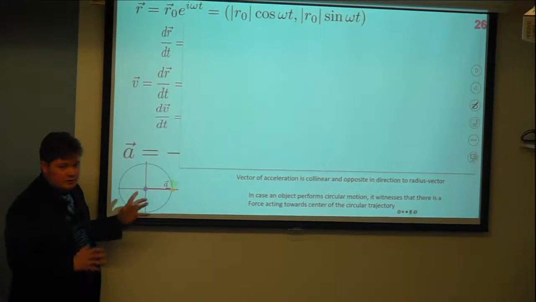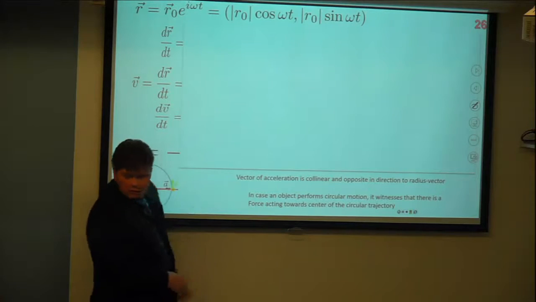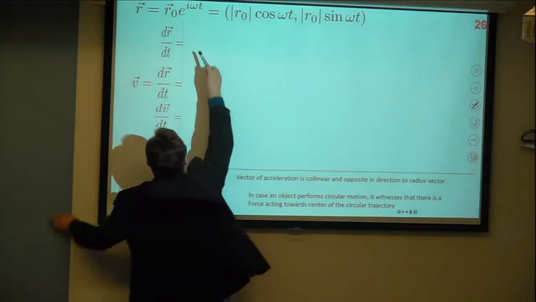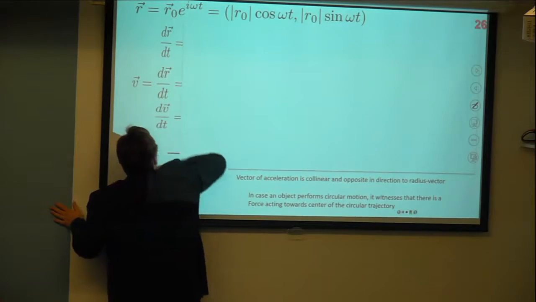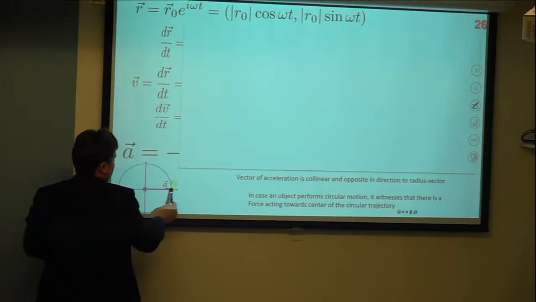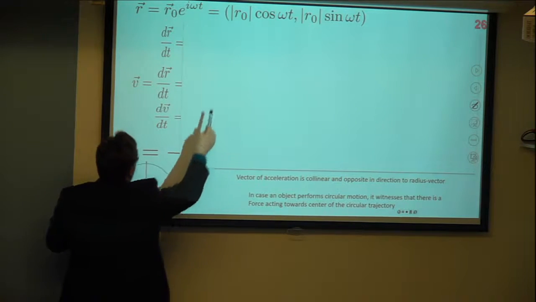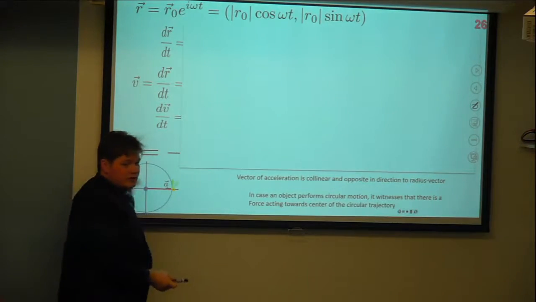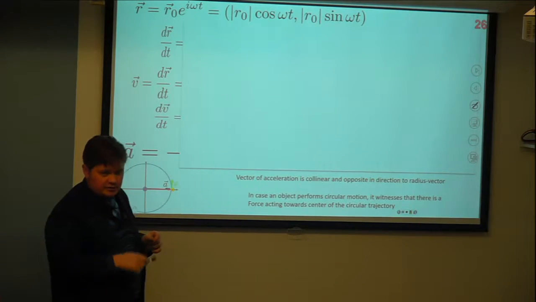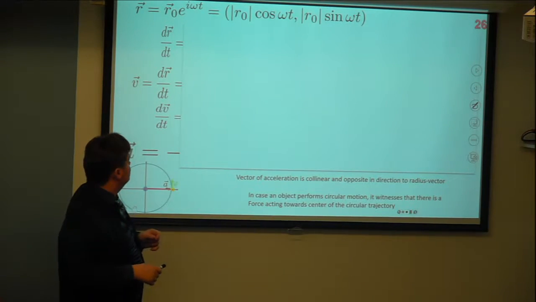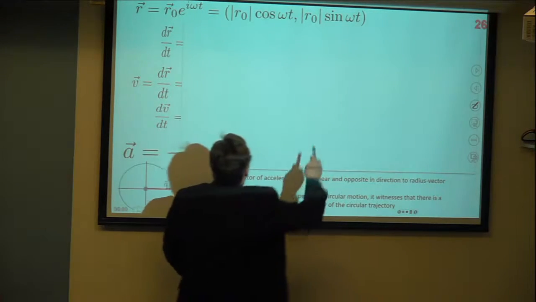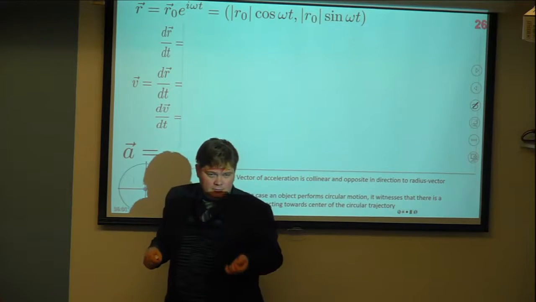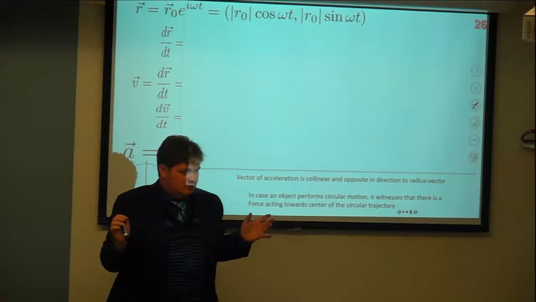Or if you want to merge it together, we can put it as the initial vector, which can be oriented along the x-axis, times an imaginary exponential with angular frequency in the power of this exponential. So it will be real and imaginary components for x and y projections. Right? It doesn't surprise you.